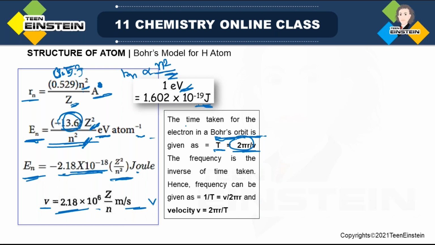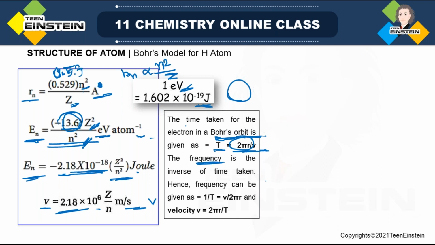So circumference, if you divide it by velocity, you will get the time taken for a particular electron in Bohr's orbit, because it is the total distance that it has to cover. 2 pi r is in distance unit, and velocity is distance per second. So distance cancels, and ultimately the unit on the right hand side will be second, that is time unit. So this is the time required for the electron in a Bohr orbit, and that is given by T equal to 2 pi r by v.